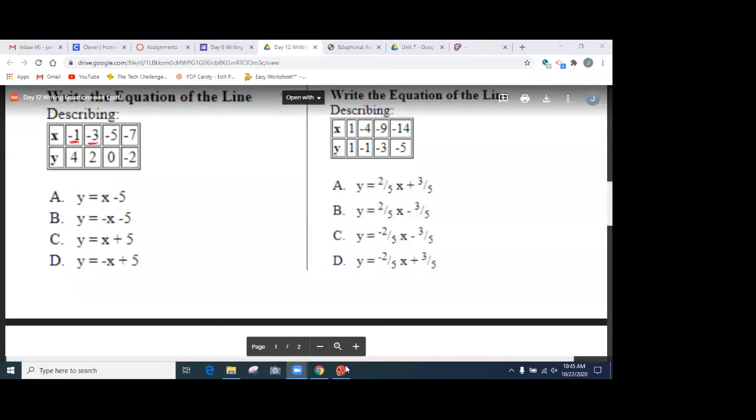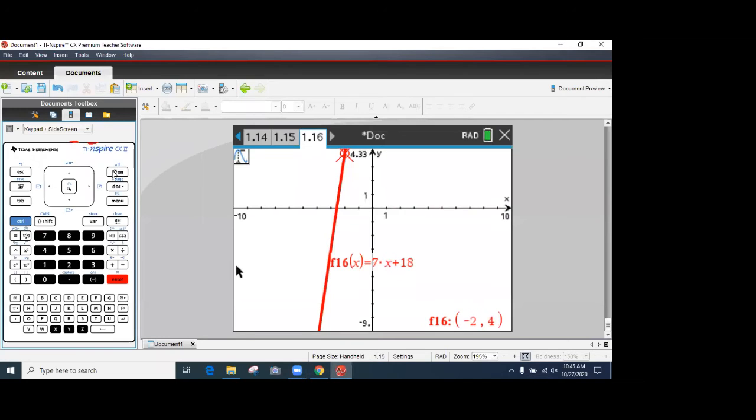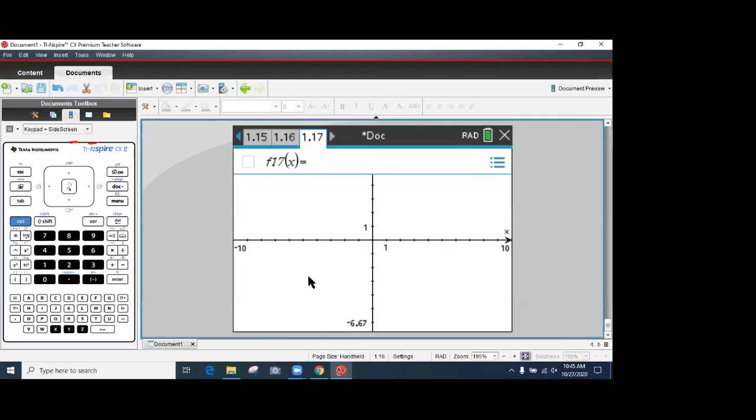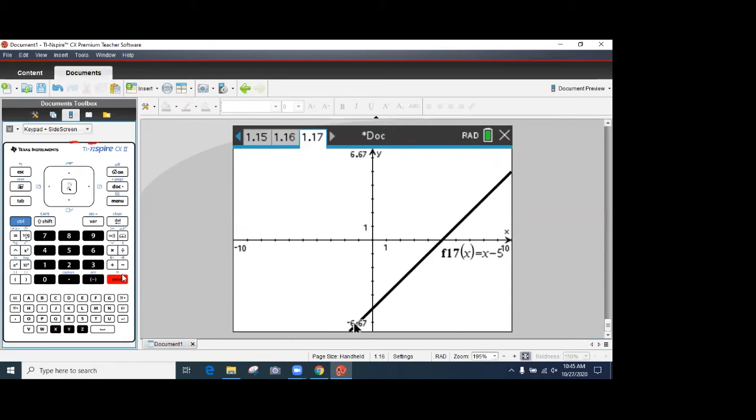All right, so let's go type that in real quick. So we're gonna go open up a brand new graph, and we're typing in, I think it was x minus 5. So x minus 5, hit enter. All right, we're gonna hit menu 5.1.